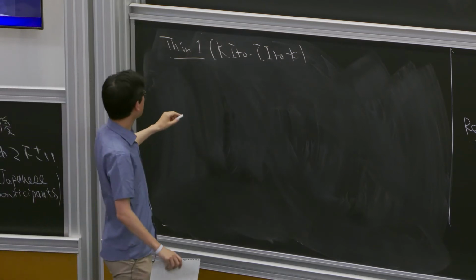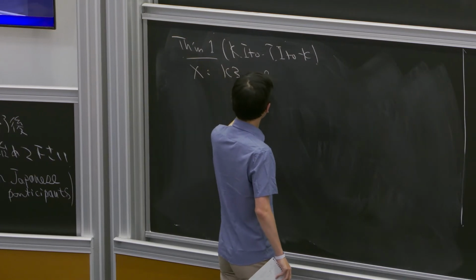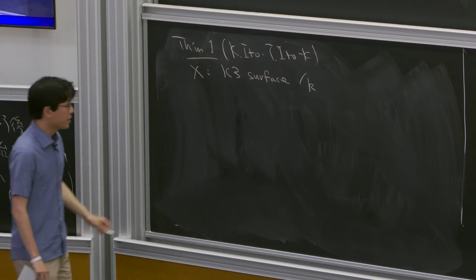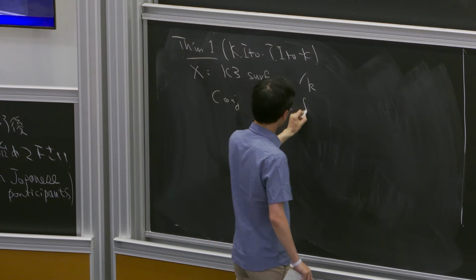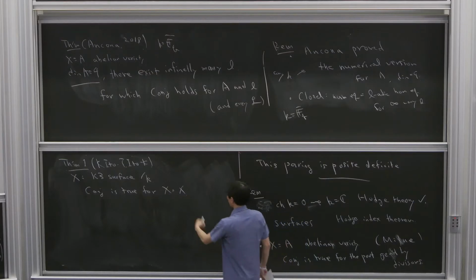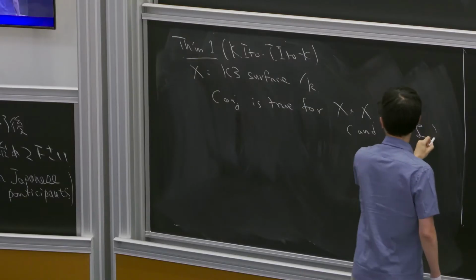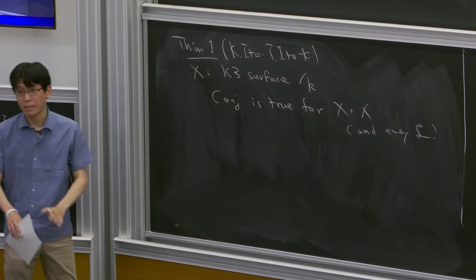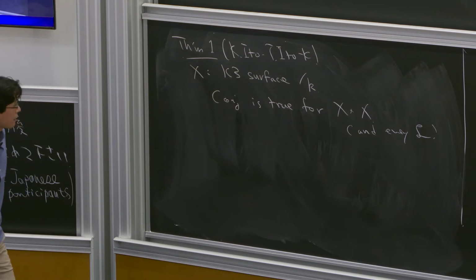Let X be a K3 surface over K. Then the conjecture is true for X times X, and as before, for every polarization. The dimension of this space is 4, and in this dimension no problem happens. So this is our result.